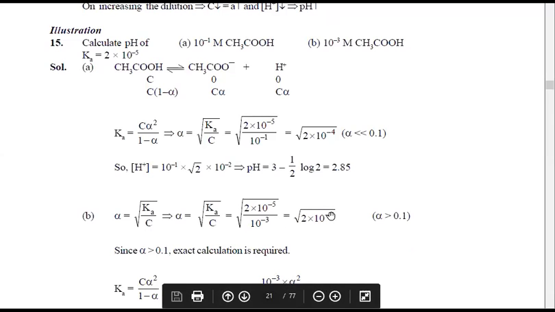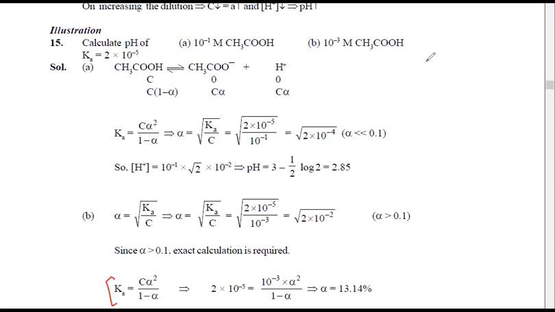Now if you calculate without ignoring, we get alpha equal to 13%, which is not small. But if you had calculated using this formula, tell me what the answer would have been. Root 2 is equal to 1.414, so 1.4 into 10 to the minus 1, so it is almost 14%. Yes or no?